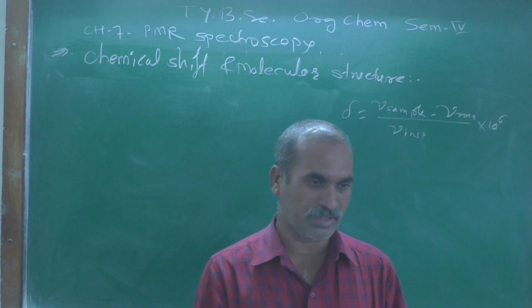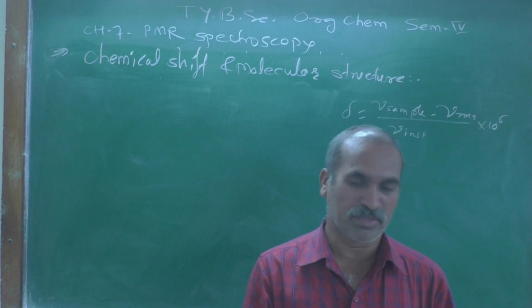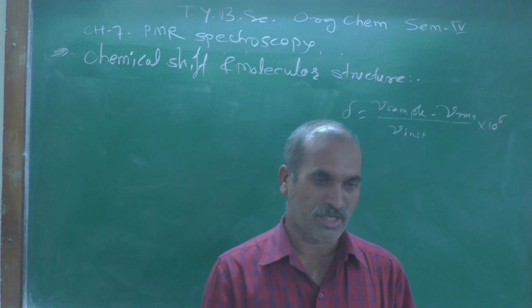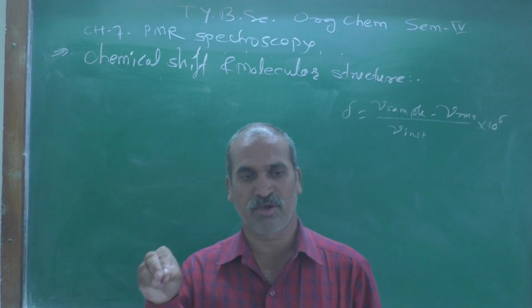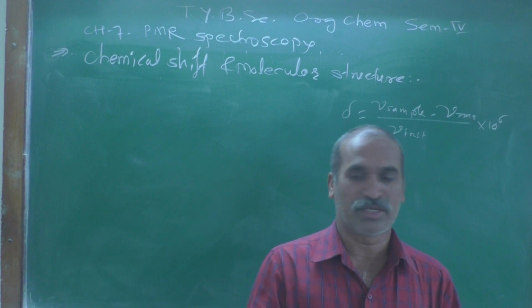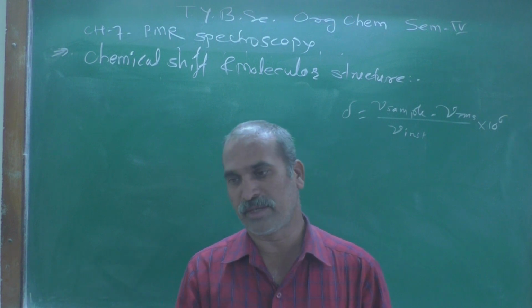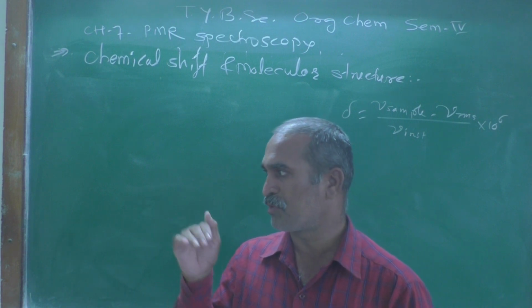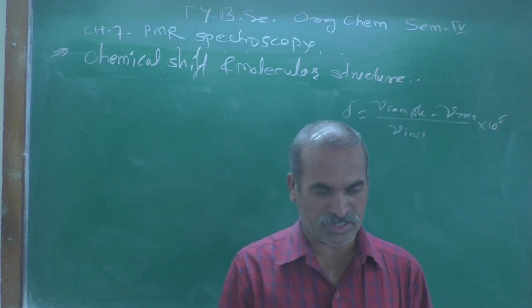All are alkyl halides, but the atoms are halogen family members, and we know that they are more electronegative in nature. Electronegativity means the power of attraction of electrons toward itself, and fluorine is the most electronegative element in the periodic table. As we move from top to bottom, the electronegativity gradually decreases.